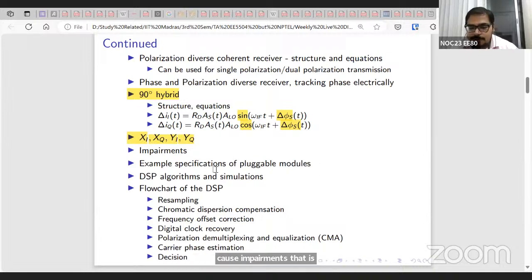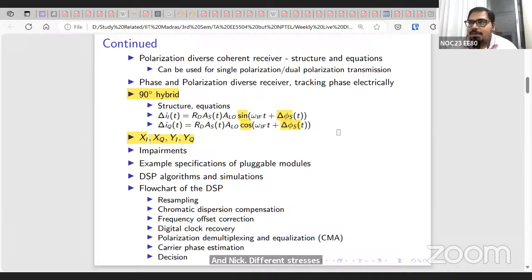Then laser phase noise we have discussed during our discussion on lasers. Then we also talked about this polarization mixing. So you send two data streams in two independent polarizations, but because of the fiber birefringence and different stresses and all, the two polarizations will mix inevitably.